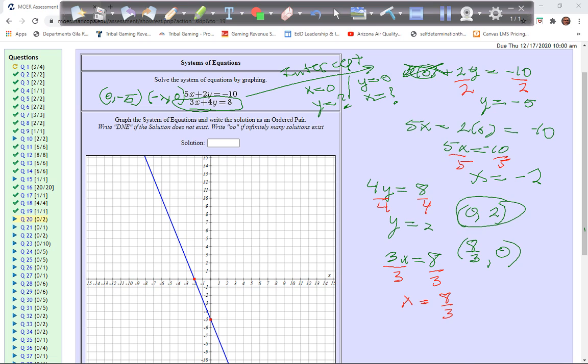So let's see. That's not a nice point. This is a good point, (0, 2). So when x is 0, y is 2.